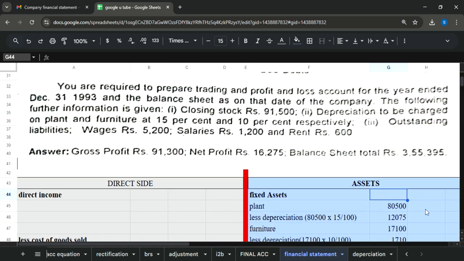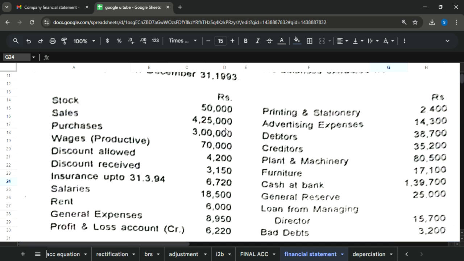From here to the last, rent, we have recorded all the adjustments present over here with their proper dual effects. Dual effect means one will be on the expense side and secondly it would be on the balance sheet side. So since adjustments are completed, we can now focus upon the upper elements.